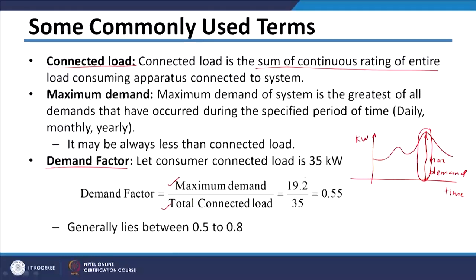In a typical case, suppose some consumer has a connected load of 35 kilowatt and the maximum demand is 19.2 kilowatt. Then demand factor is 19.2 divided by 35, which is 0.55, and generally it will lie between 0.5 and 0.8.